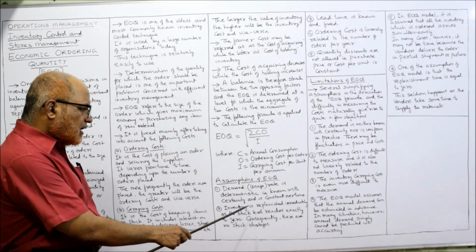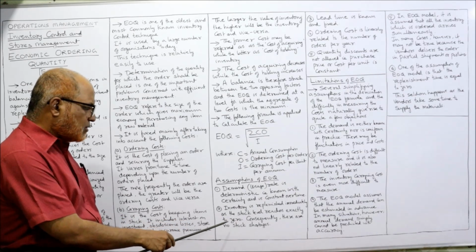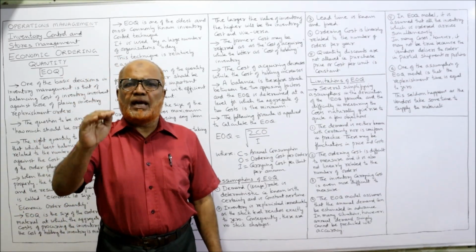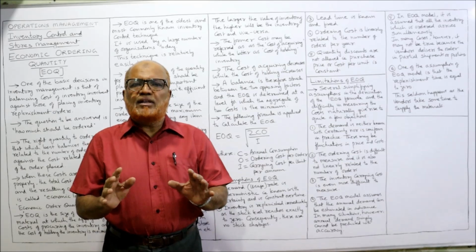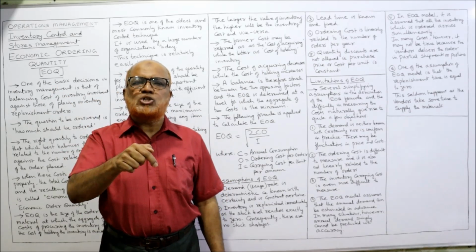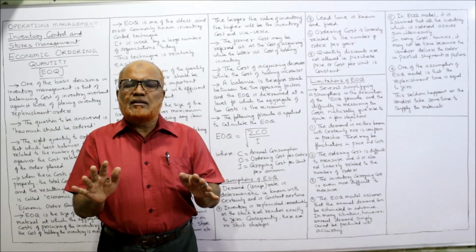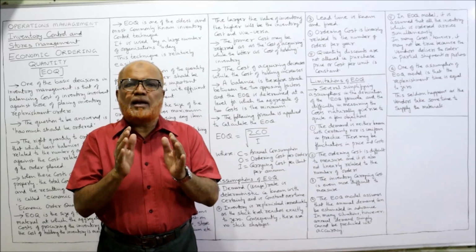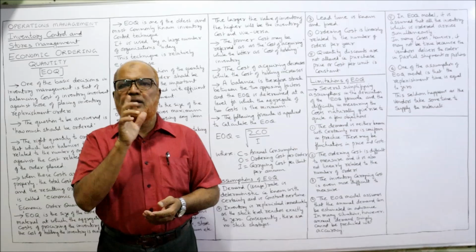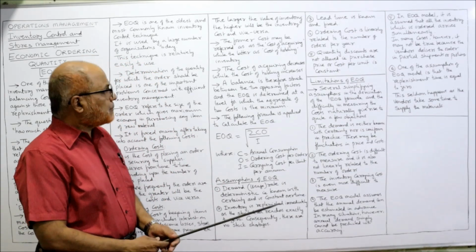Second, inventory is replenished immediately when the stock level reaches exactly zero. Consequently, there is no stock shortage. The inventory will never be negative. That means whenever the inventory reaches zero level, immediately it will be replenished without any loss of time, without inventory becoming negative.